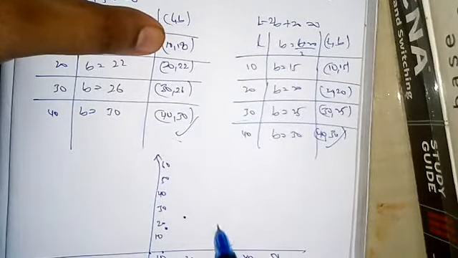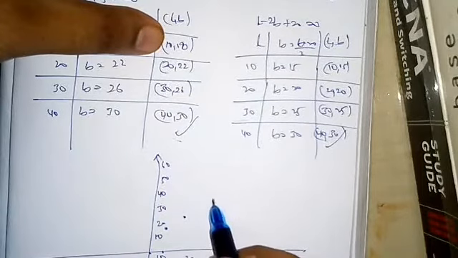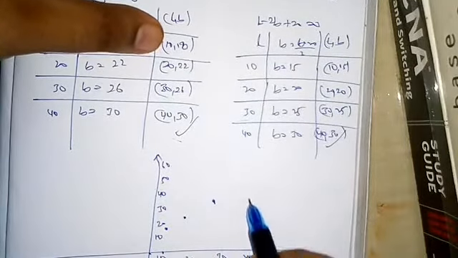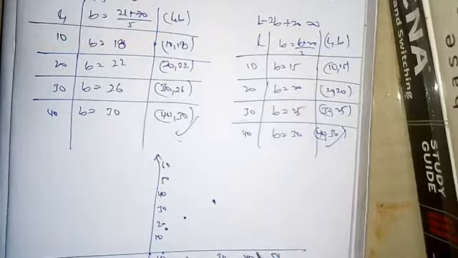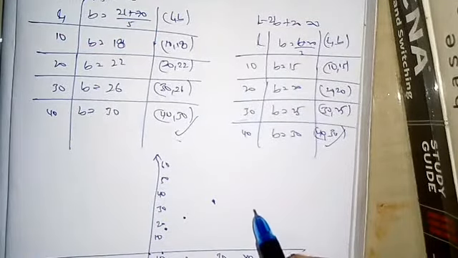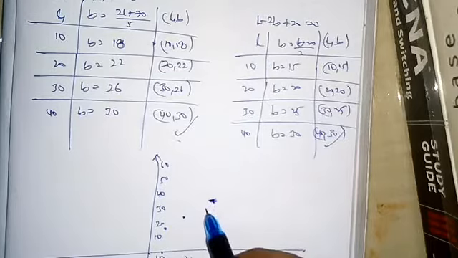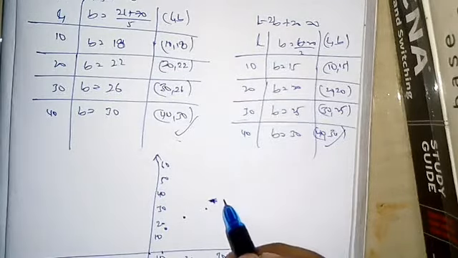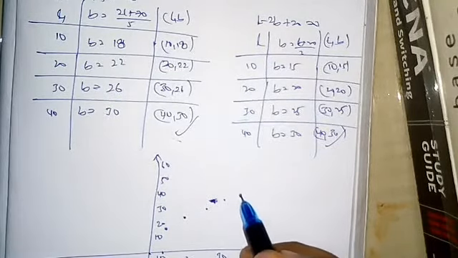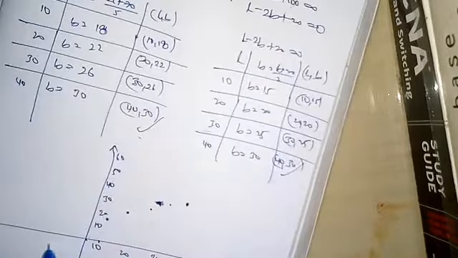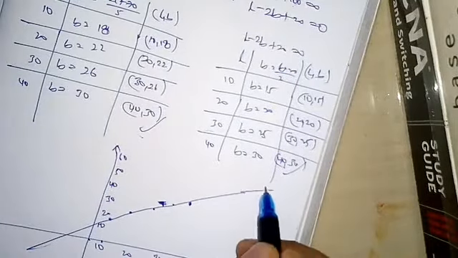Here. 30 comma 26. Here. Next 40 comma 30. If you join these points, you get a line like this.